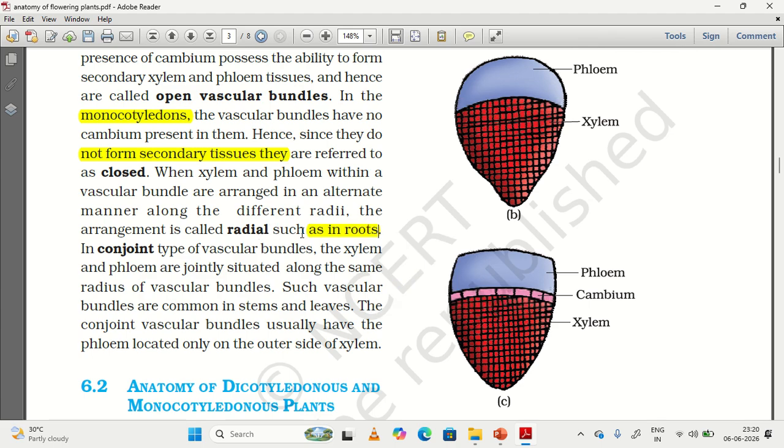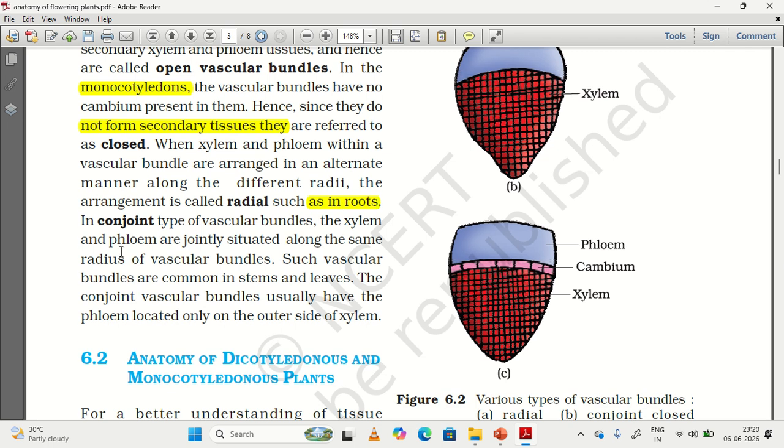R for radial, R for roots. Okay, so we have another type, the conjoint type of vascular bundle. The xylem and the phloem are jointly situated along the same radius of the vascular bundle.